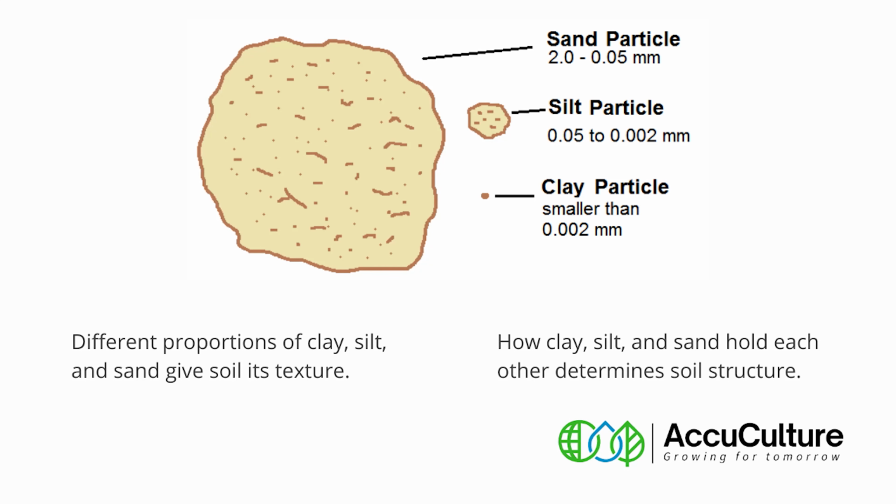Depending on the size of soil particles, we classify them as clay, silt and sand. The proportion of these 3 will determine soil texture, and how these particles hold each other, or aggregate, or lack thereof, will determine soil structure. One small note, it takes thousands of years to build soil structure, but it can be destroyed in minutes. We are going to place many concepts on top of this one small point, so just keep this in mind.